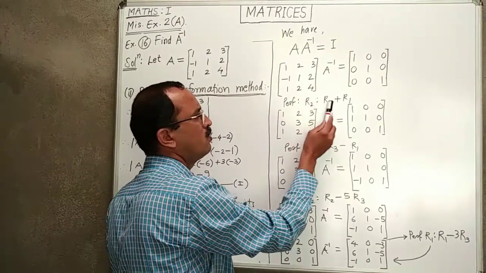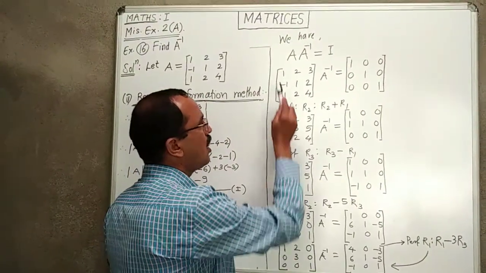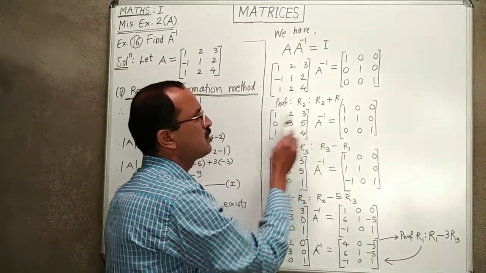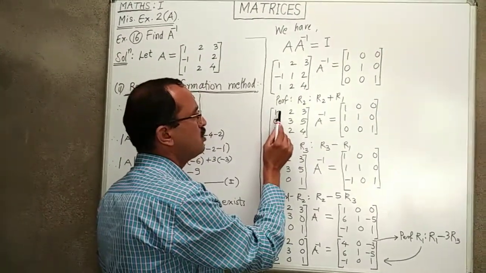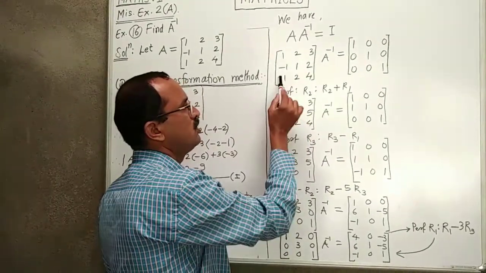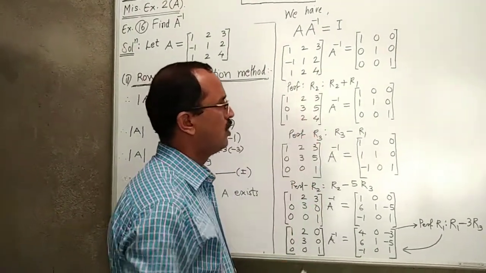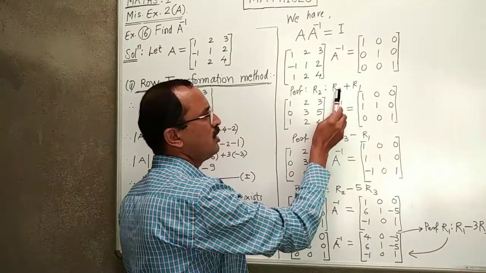Therefore R1 and R3 remain the same. So I write R1 as 1 2 3 and R3 as 1 2 4, and change row R2 accordingly, R2 plus R1.